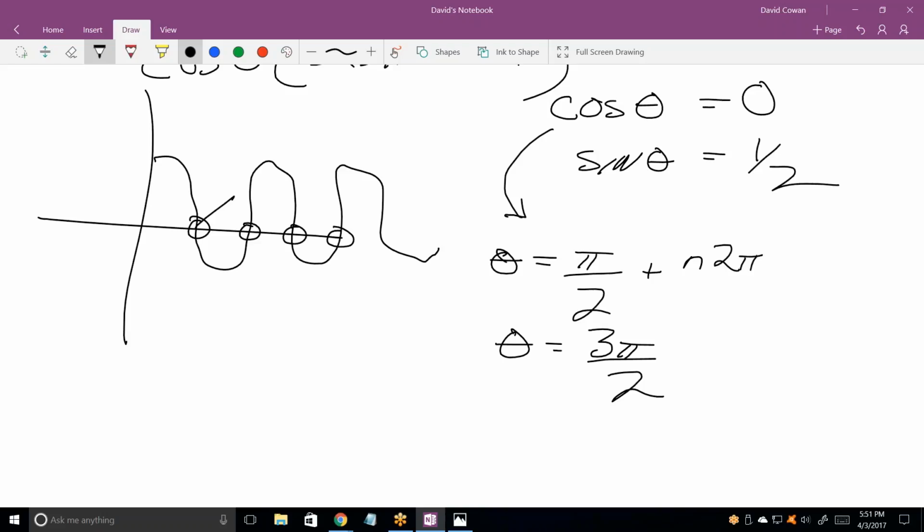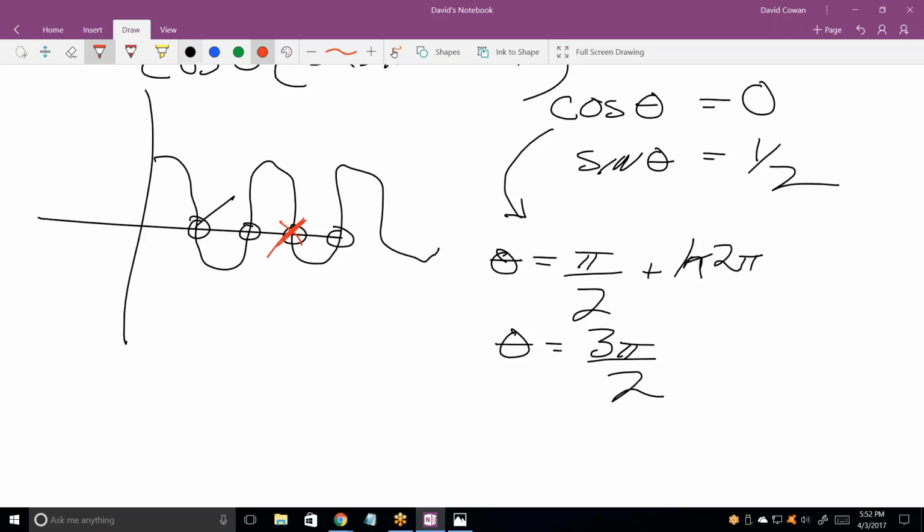We use K's. What that means is that K is going to count up by integers, all the way to positive infinity and all the way to negative infinity. Notice that when K is 0, my answer is pi over 2. When K is 1, my answer is 5 pi over 2, which is that spot right there.